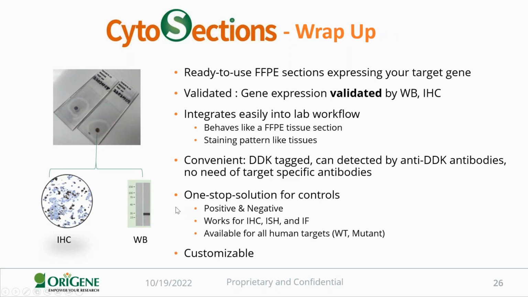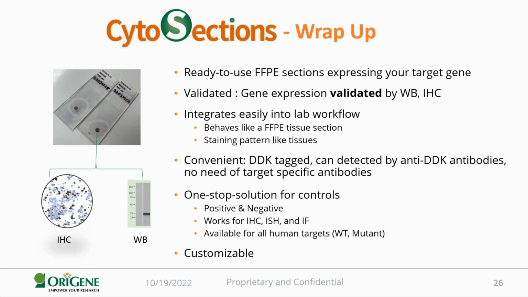So as a wrap up, I want to show that CytoSections are ready-to-use FFPE sections. They are validated. They can be easily integrated in your lab workflow. They're convenient in the sense they are DDK tagged. You can detect them using anti-DDK antibodies. So if you don't have target-specific antibodies, we still can use CytoSections.